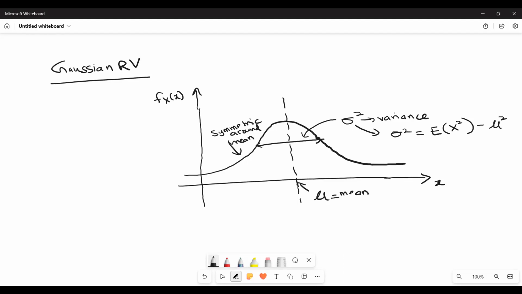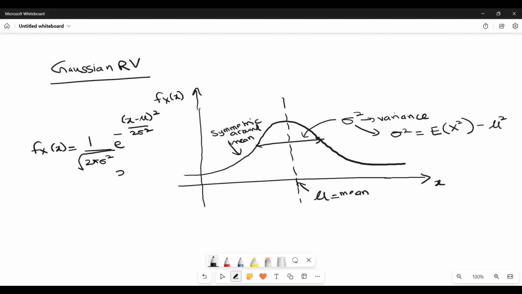Anyway, we also define the Gaussian random variable using this function: 1 over the square root of 2 pi sigma squared, times e to the power of minus (x minus mu) squared over 2 sigma squared.